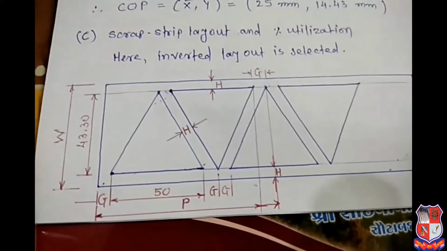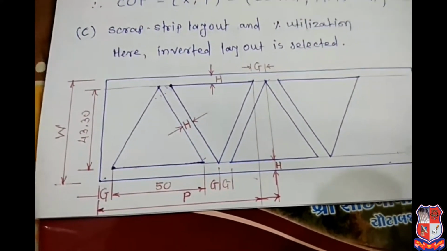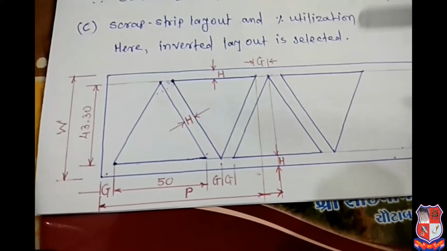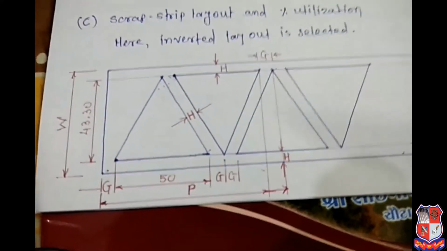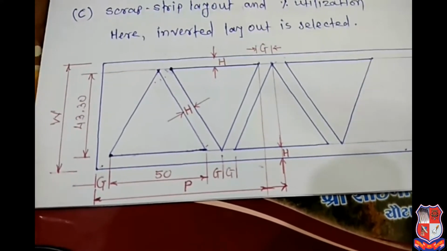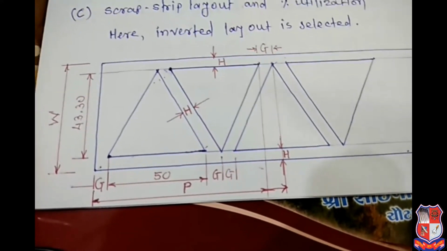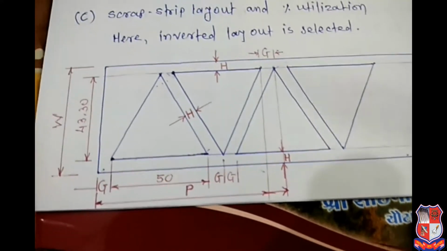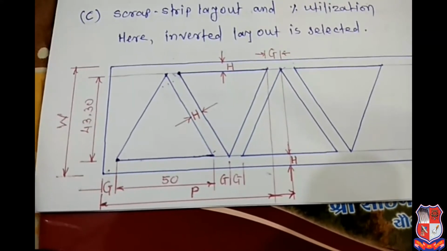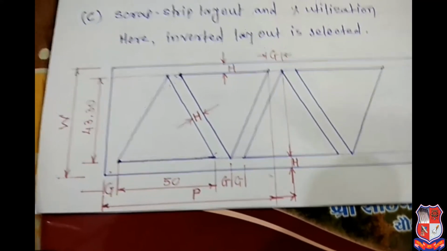Now looking at the given blank, it is a triangle shape. If I place this triangle shape in a straight pass layout and find the percentage utilization, there will be more waste of material and the utilization percentage will come to only 35 to 36%.